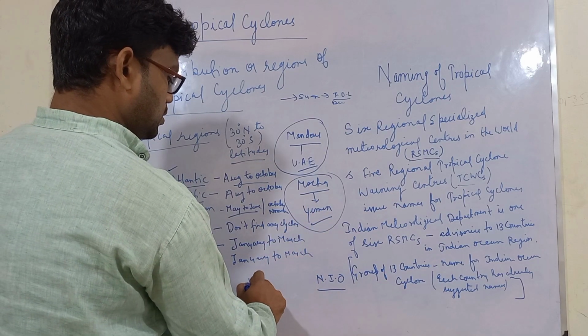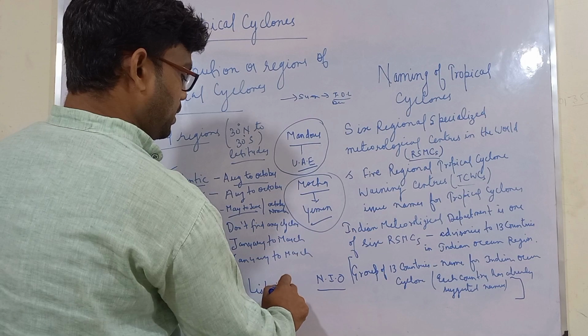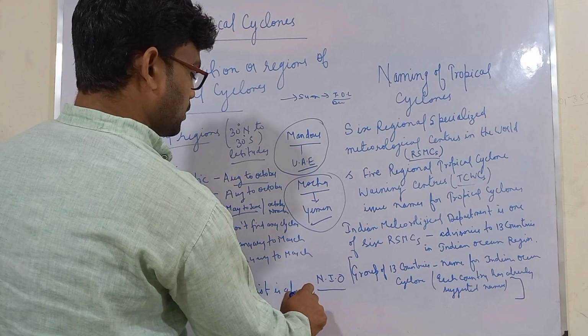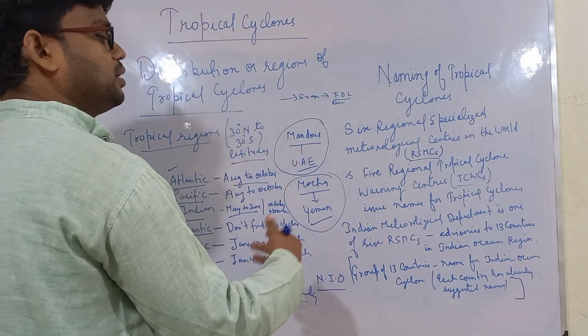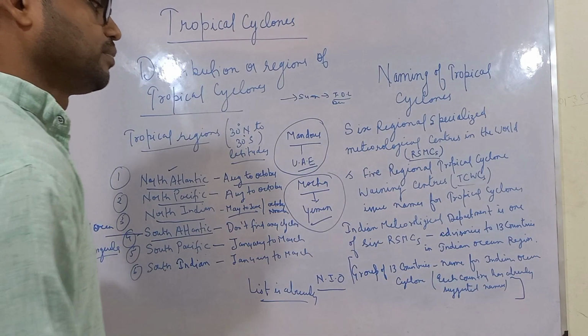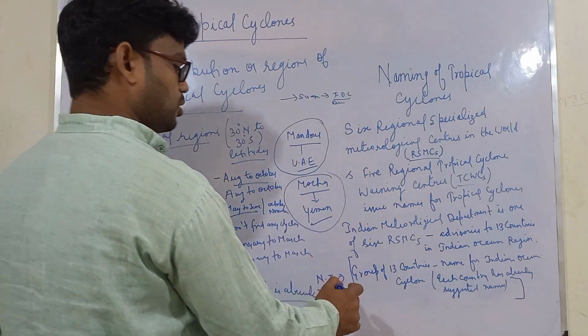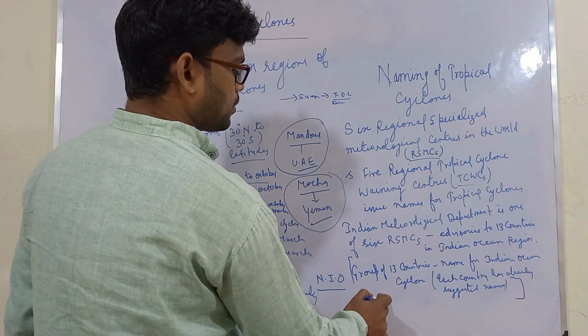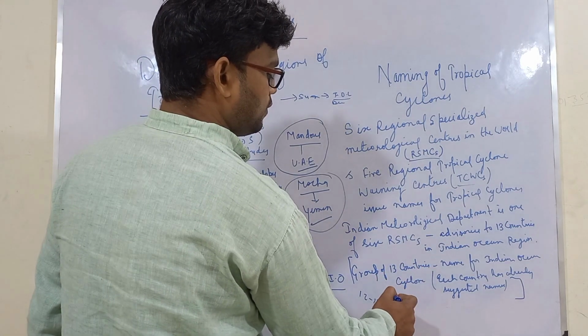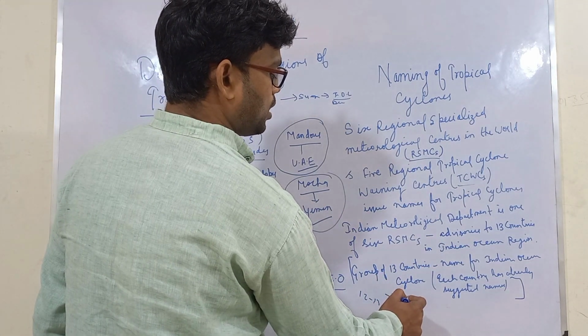The list is already prepared. For example, in 2020 each country suggested say 12 to 13 names. Totally we might have about 100 names.